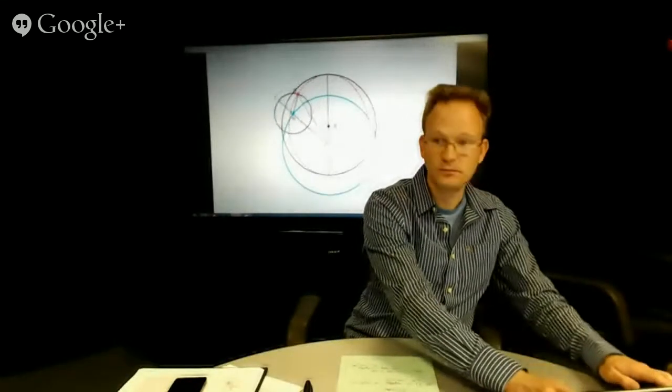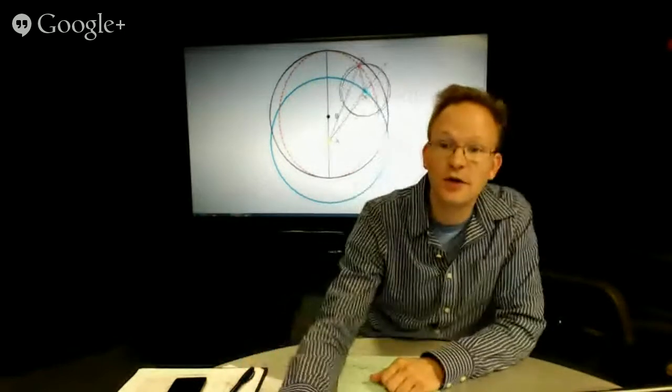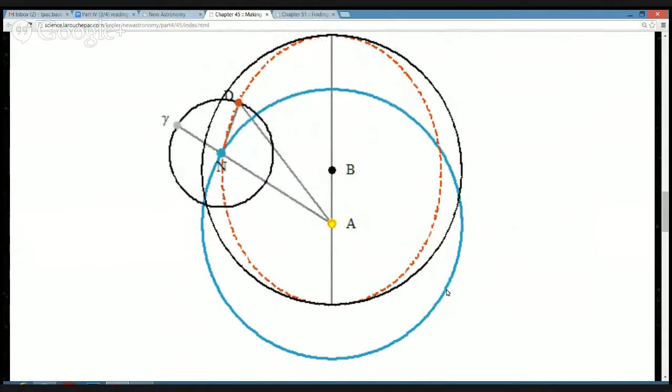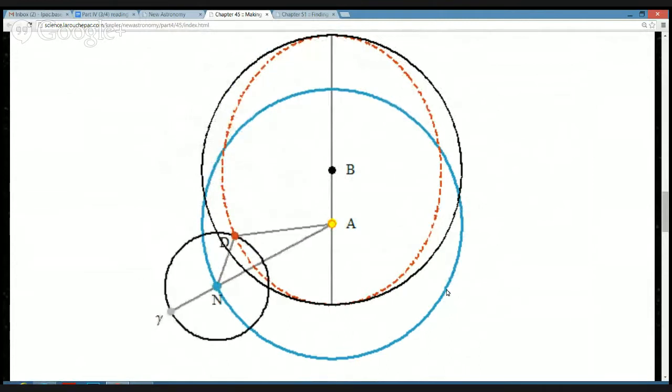He then has the problem of trying to figure out, well, what can we do? How can we make Mars move? So he had adopted this idea which we talked about last time. This was Kepler's first idea about how Mars could move in a non-circular orbit.